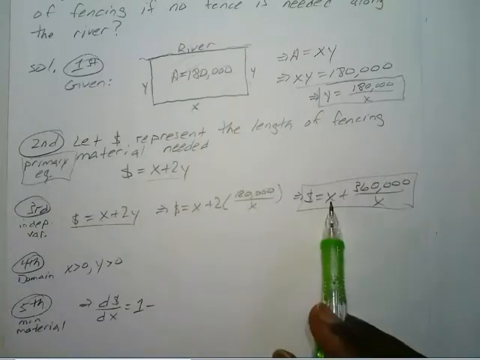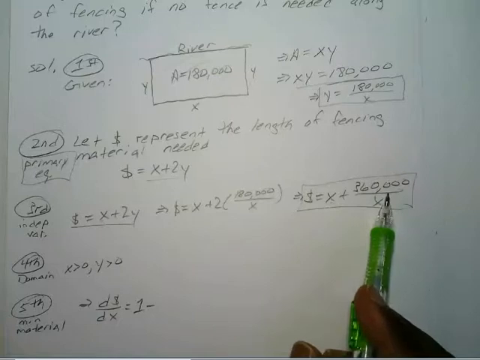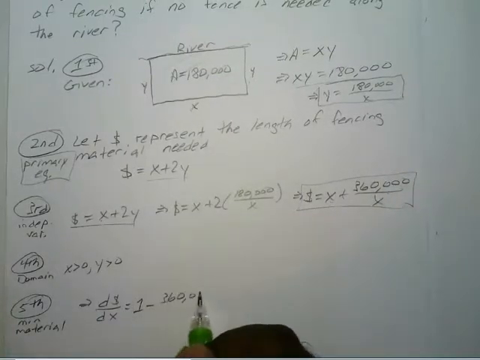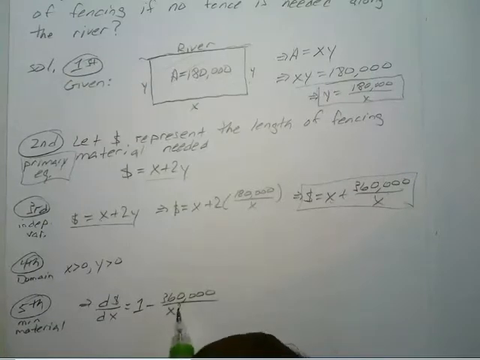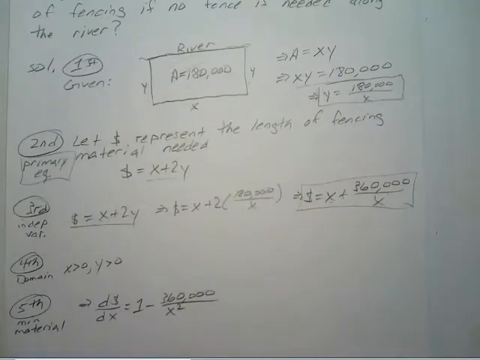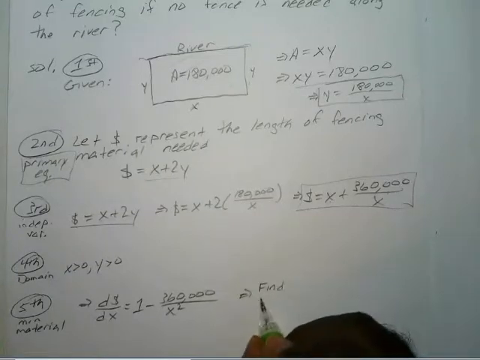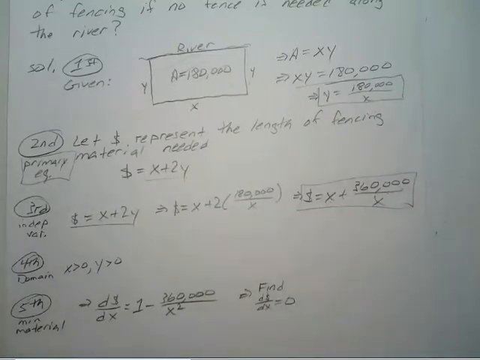Derivative of x is just 1, and derivative of 360,000 over x is actually 360,000 over x squared. That means we have to find our critical point, where that derivative is equal to 0.